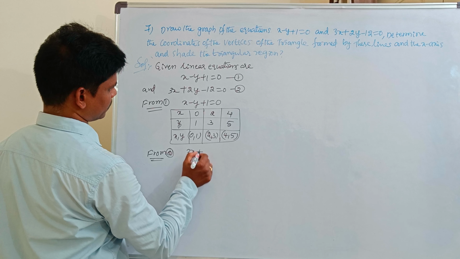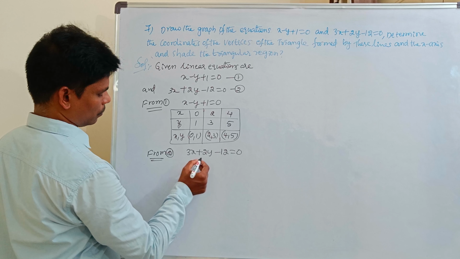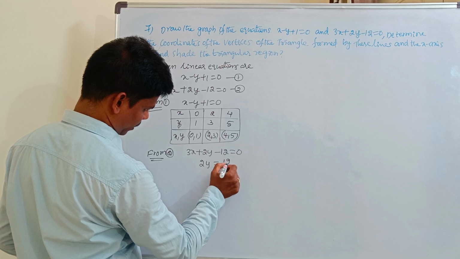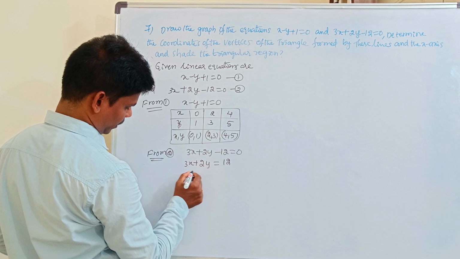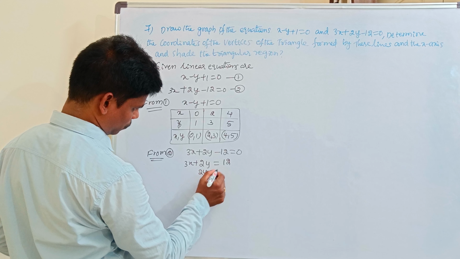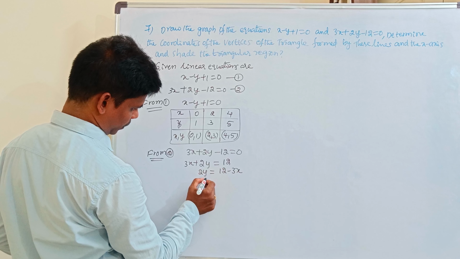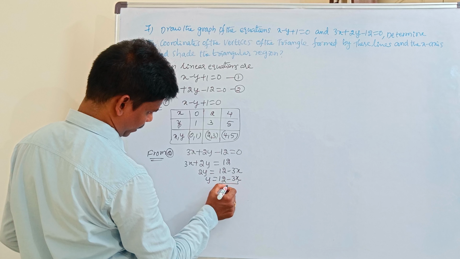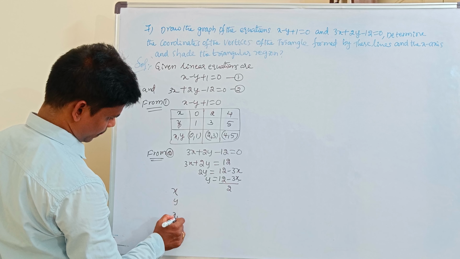Next from 2. So 3x plus 2y minus 12 is equal to 0. Next, 2y is equal to minus 3x plus 12, transposing to this side. So 2y is equal to 12 minus 3x. Y is equal to 12 minus 3x by 2. So take the solutions x, y.